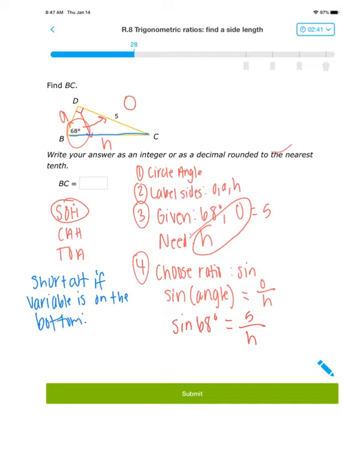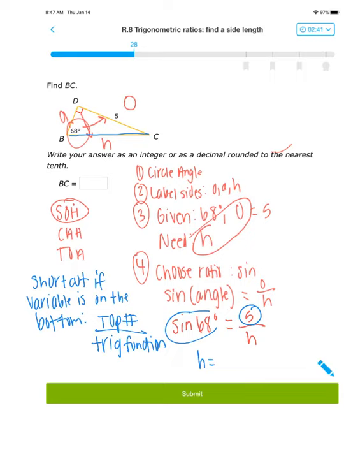So in this case, H is on the bottom, that's our variable. Our shortcut is you take the top number and you divide it by the trig function. So all you have to do is take 5 divided by sine 68.